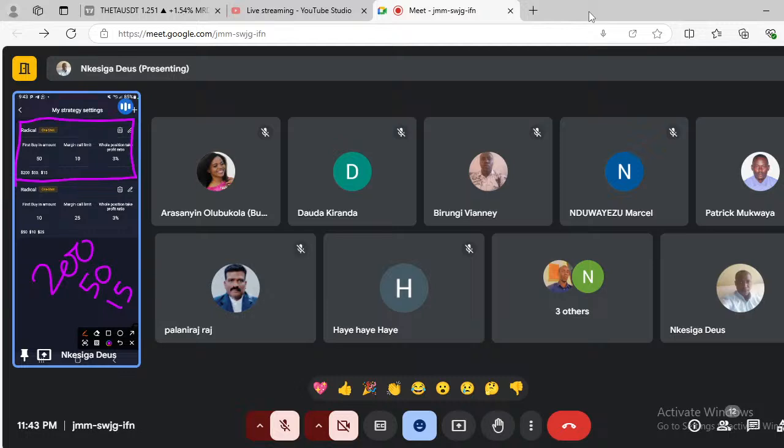The reason why we are increasing the first buy from 10 to 15 is that we are trying to get something not 0.3. It was 0.1, sorry. But now we want to get at least 0.3.